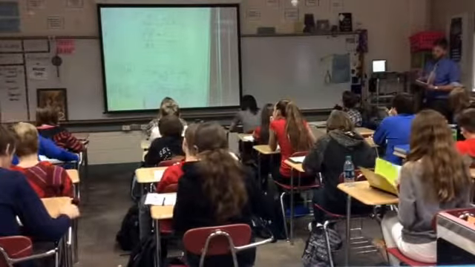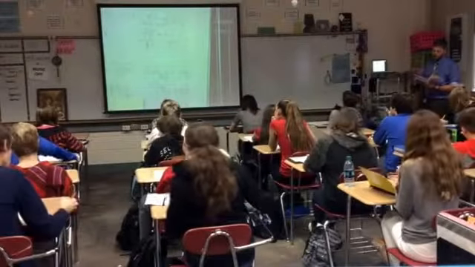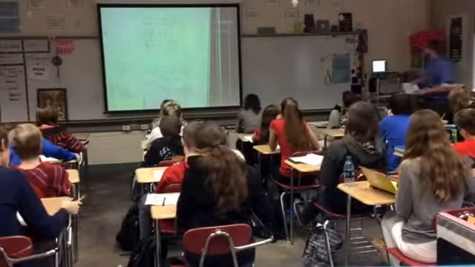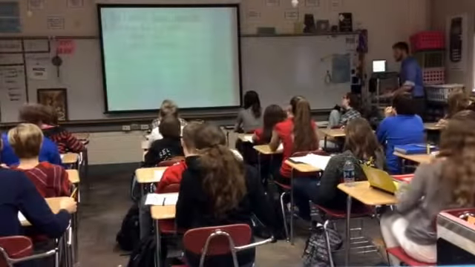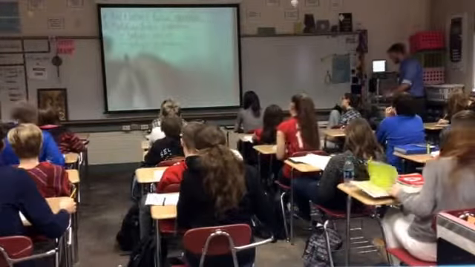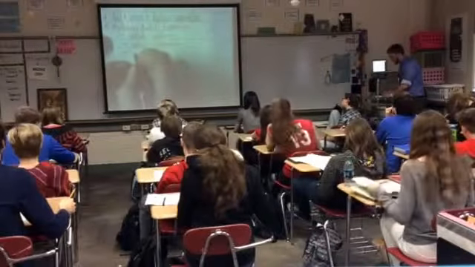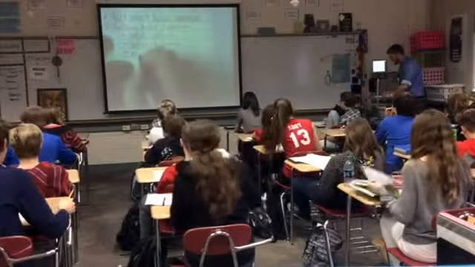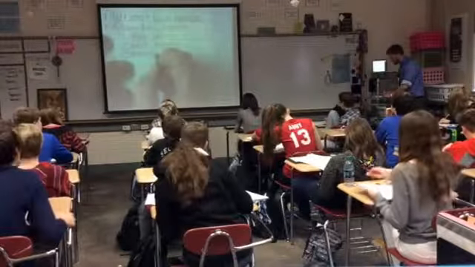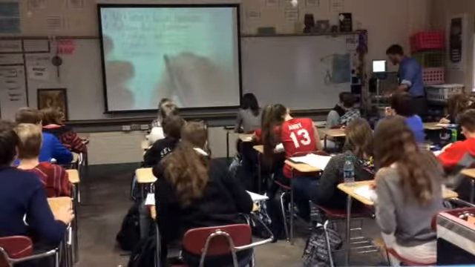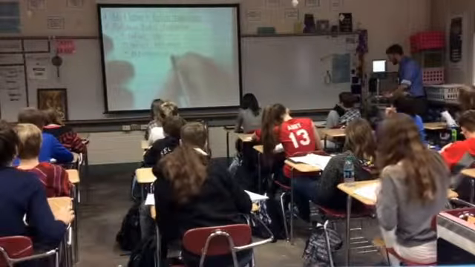Yesterday we talked about multiplying radicals: radicals times radicals and radicals times expressions. Today we're going to continue with radicals times expressions. We're also going to add expressions times expressions, so expressions containing radicals multiplied by expressions containing radicals.